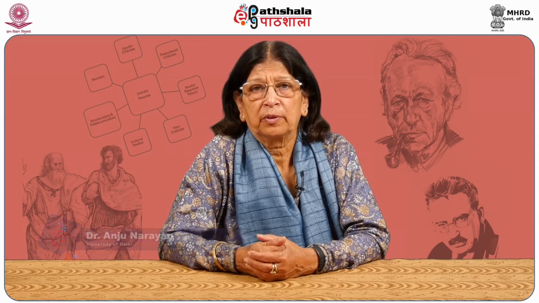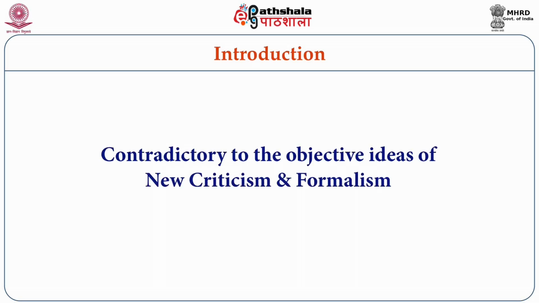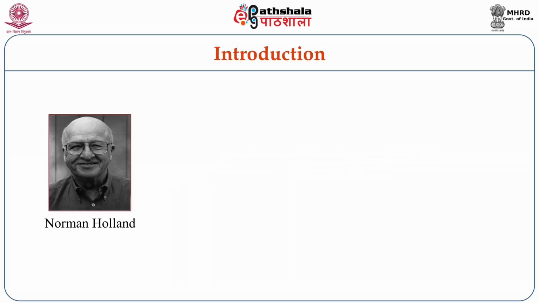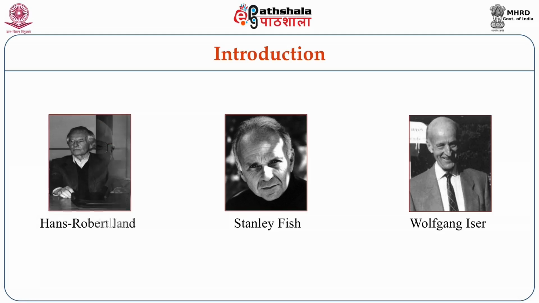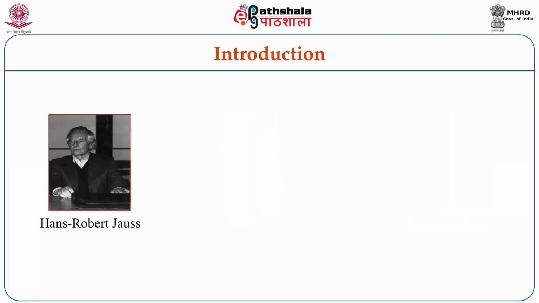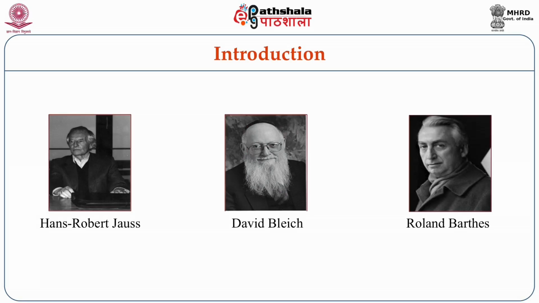Today we shall take up the module titled Reader Response Theory. This theory evolved in the 1960s and 1970s, and it's contradictory to the objective ideas of new criticism and formalism. Some of its major proponents are Norman Holland, Stanley Fish, Wolfgang Iser, Hans Robert Jauss, David Bleich, and Roland Barthes.